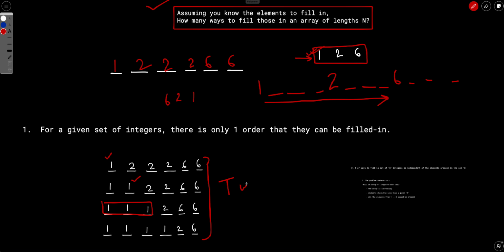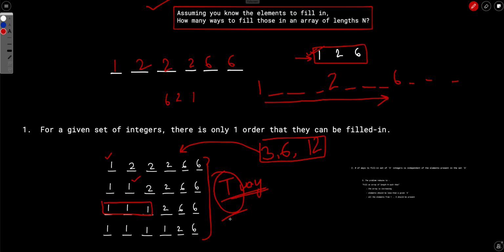Now do you think that this t will differ if we want to fill 3, 6 and 12? Do you think the total number of ways to fill 3, 6 and 12 in these 6 boxes would be different than t? The answer is no, right?